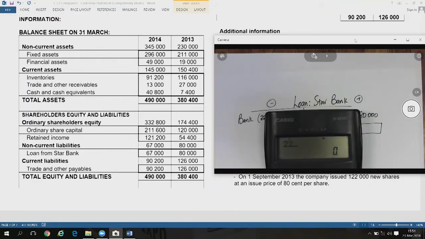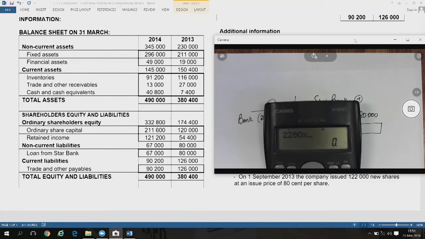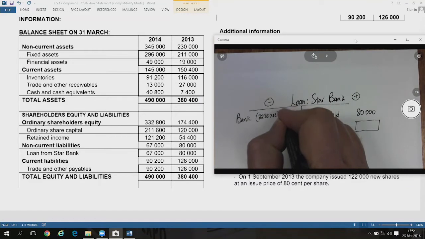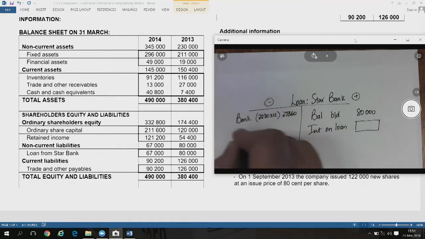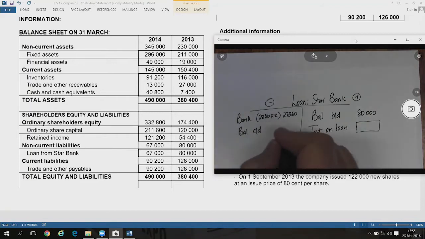So we paid back 27,360 on our loan. The balance at the end of the year carried down is 67,000.